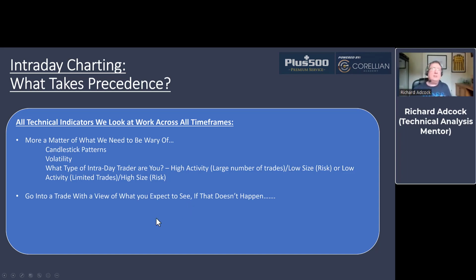And if you go into any trade from a technical perspective, or any perspective, to be honest, you have to go in with an idea of what you expect to see. In other words, if you're starting to see positive trending conditions materialize, you're expecting that uptrend to be extended and to continue and to pay you back within that confidence of holding a long position.